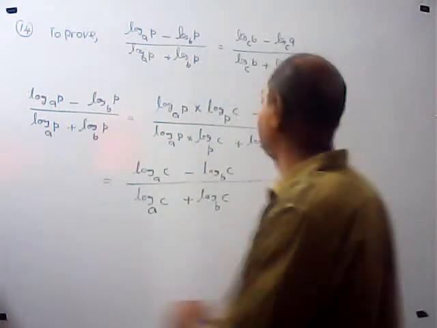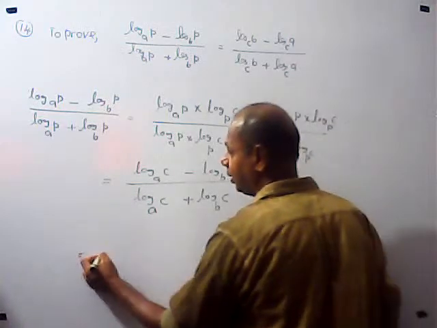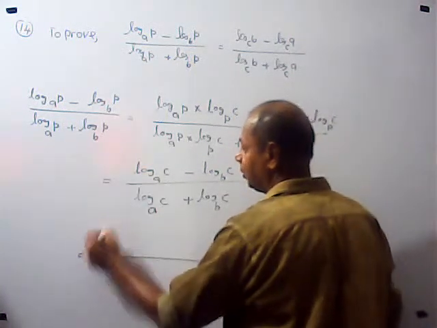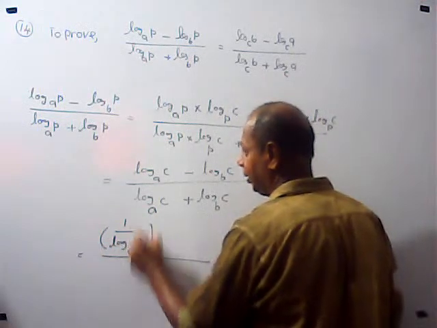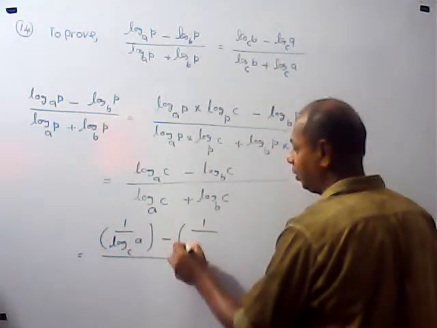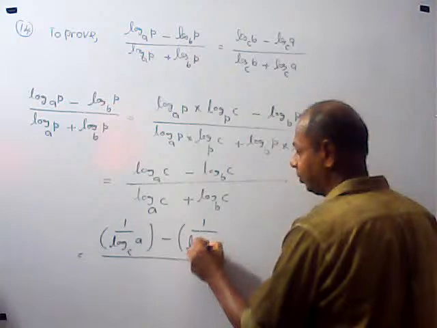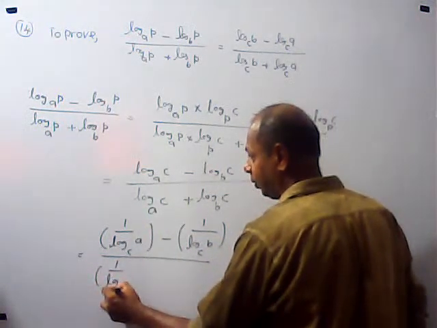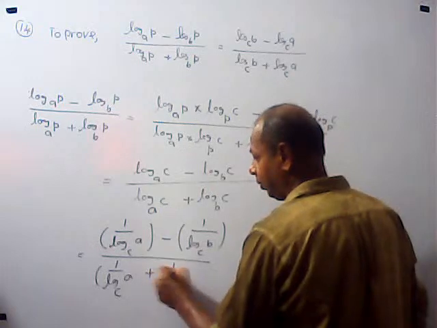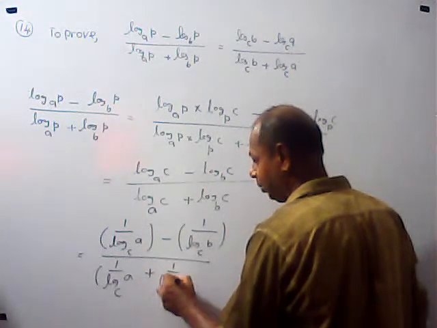You can change the base, write them upside down. This will be written as 1 over log CA minus 1 over log CB, 1 over log CA, 1 over log CB.